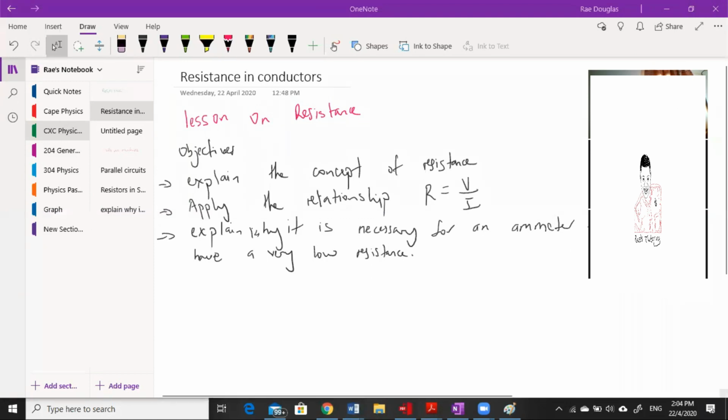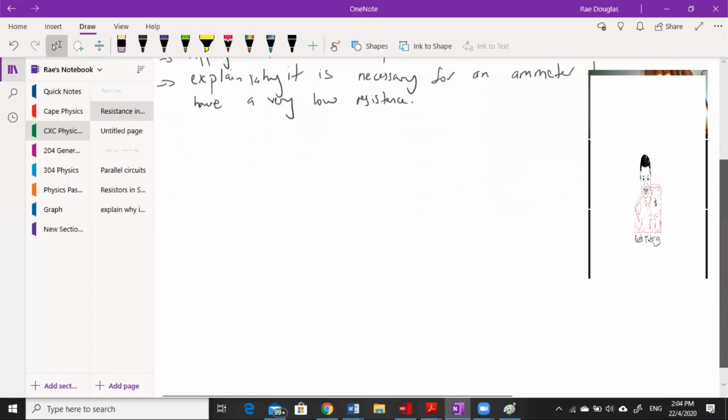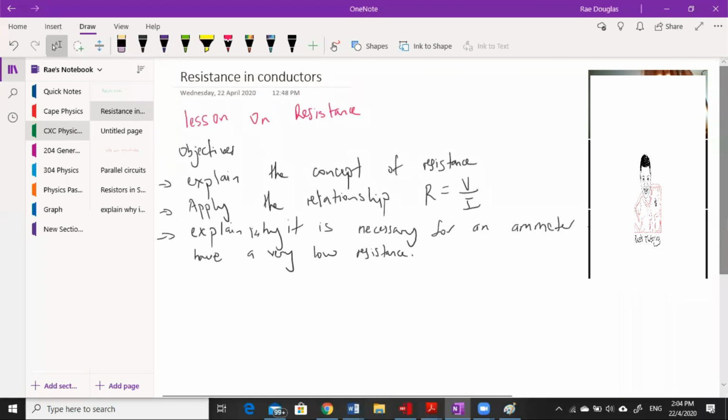Either way, I think the last time I had class with you guys, I was talking about finding the resistance in series and parallel circuits. I don't know if you're a part of that WhatsApp class that we had. No, sir. All right, no problem. We're gonna go back over it in greater detail at this moment.